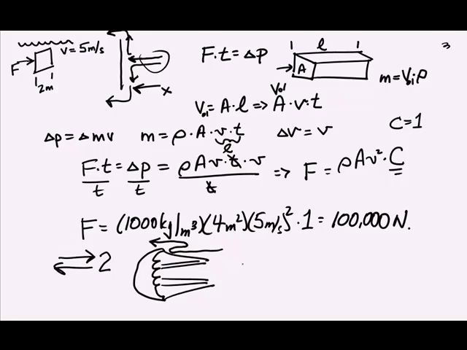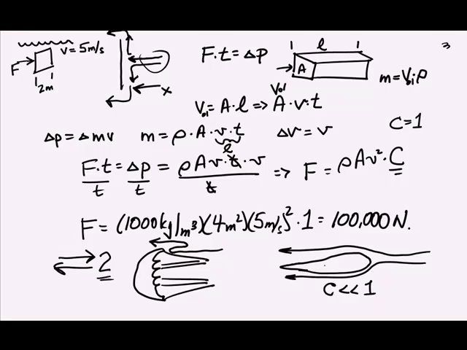That would be an example of a high coefficient of drag. Something a little bit lower would be if I have a nice airfoil, some type of a shape like that. As air or water passes around it, it hardly changes its motion at all. We have values that are much, much less than 1 in a circumstance like this.